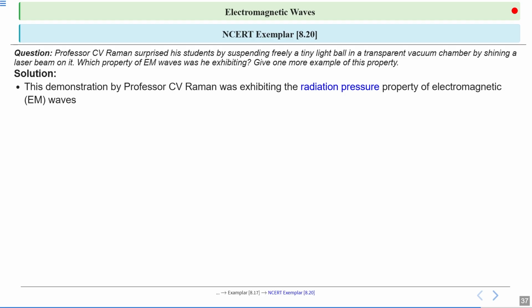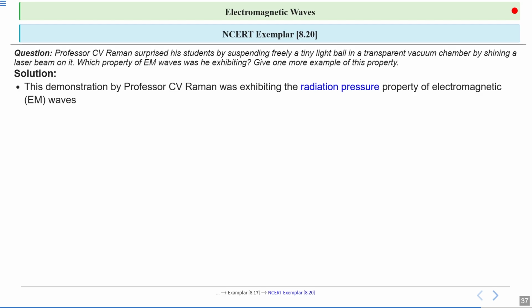This laser beam is electromagnetic waves falling in the region of visible light. So it is applying radiation pressure on the light ball, due to which the light ball is suspended freely in the vacuum chamber. So what was he exhibiting?